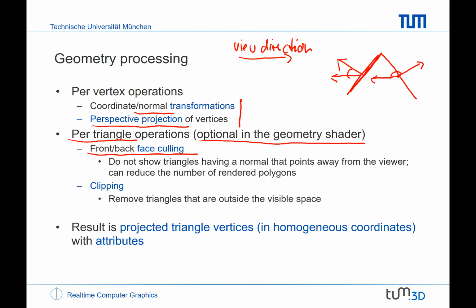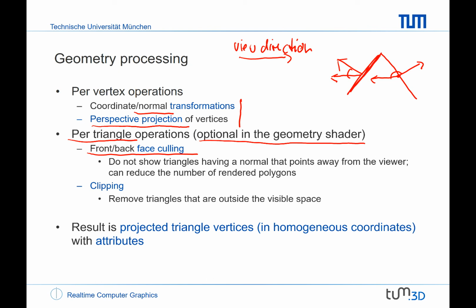And so this classifies triangles as being front-facing or back-facing. And one of the things, for instance, you can do in order to reduce the number of triangles that have to be rendered, you just discard all triangles that are back-facing with respect to the view direction. That is what we call front and back face culling.